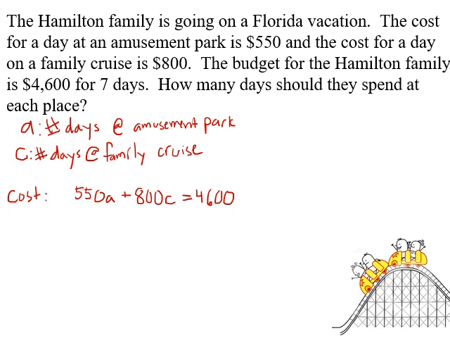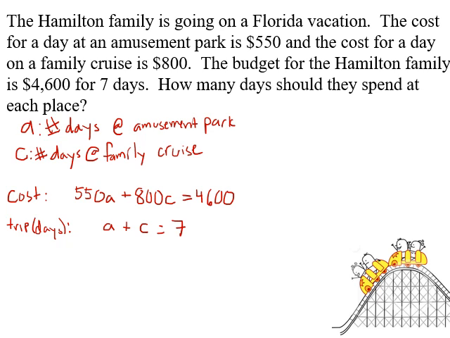They also told me that the entire duration of the trip is 7 days. So the trip in days is going to be, well, the number of days at the amusement park plus the number of days on the family cruise is 7.